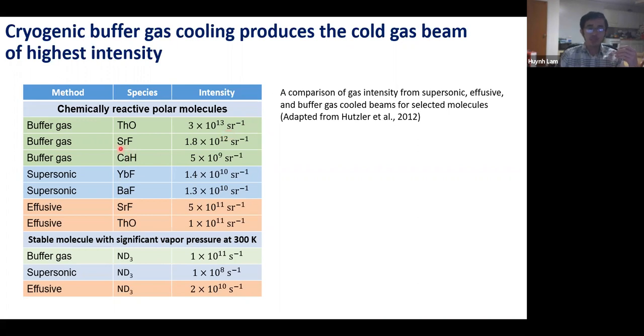And so this table shows the intensity of the gas beam using different methods, and we can see, not always but typically, the buffer gas method will produce the highest intensity, higher than the effusive gas jet, and the supersonic one will have the lowest intensity, which is lower than the effusive gas jet.